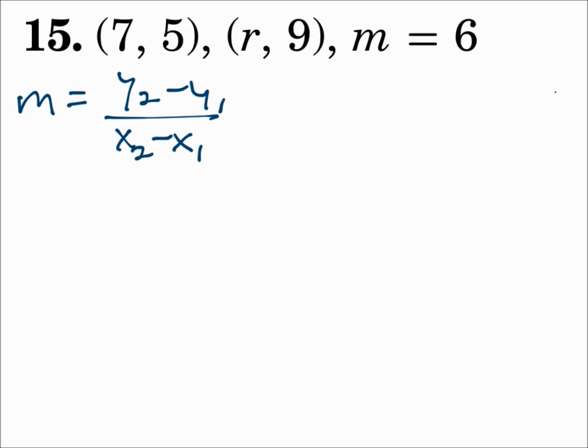Number 15. Let's substitute the values in and then solve. m is 6 equals y2 is 9, that's the second y, minus y1 is 5, that's the first y, all over x2 is r, that's the second x, minus x1 is 7, that's the first x.